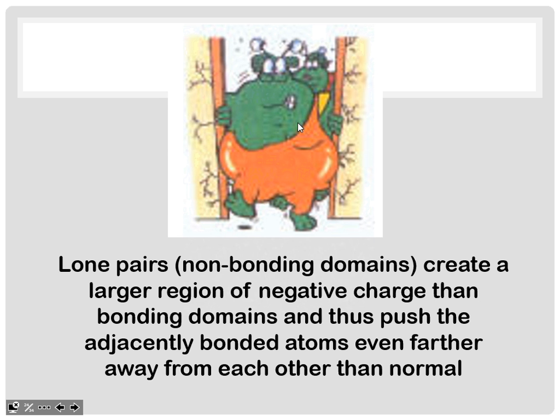So when we had that water, it had 2 non-bonding and 2 bonding. Those lone pairs of electrons are only with the oxygen, right? They're not being shared. So those create a larger negative charge. So lone pairs of electrons push further than what a shared pair of electrons pushes.